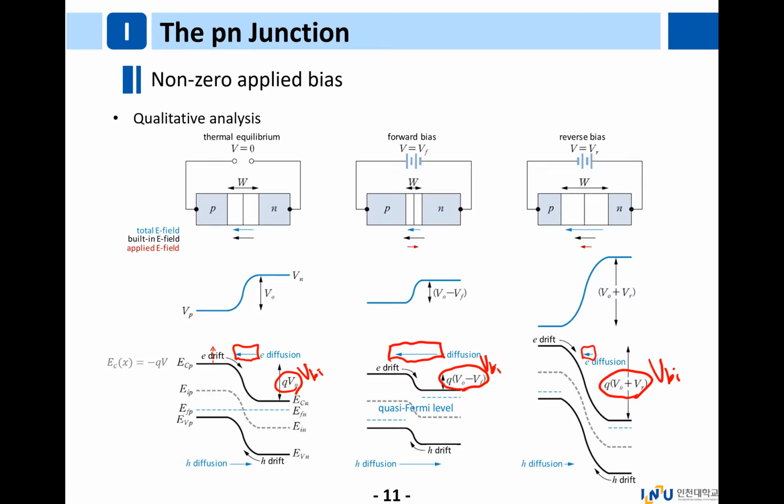Thus, under reverse bias, current does not flow well, and under forward bias, current flows, demonstrating diode characteristics where current increases exponentially with positive voltage and does not flow well with negative voltage. Further detailed analysis can be learned next semester through the semiconductor devices course.